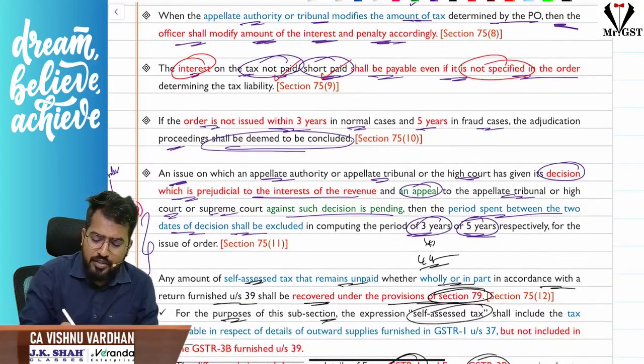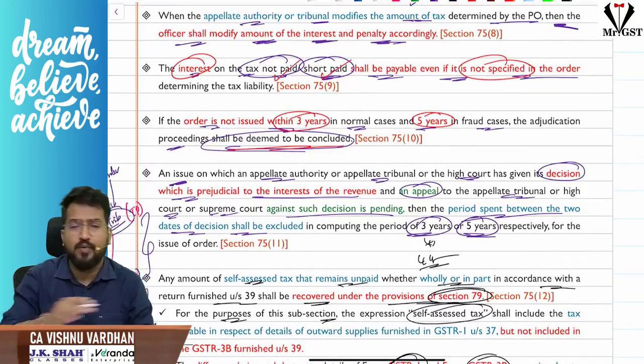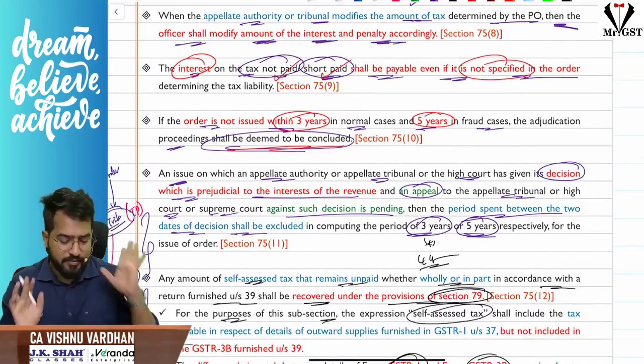And if the order is not issued within 3 years or 5 years, as we have seen, the proceedings are deemed to be concluded, then it is all tata bye bye to the department.